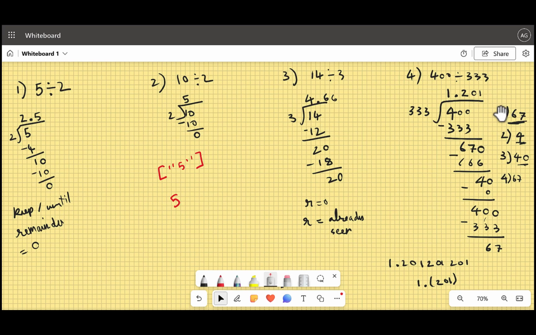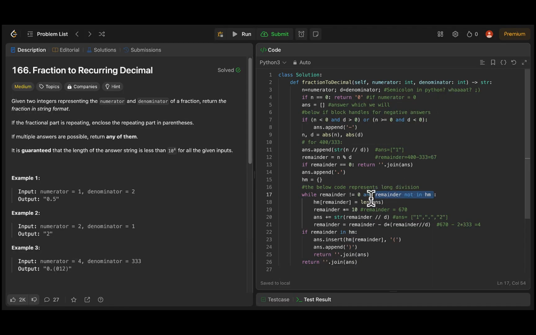If neither of these conditions is met, we need to keep running the loop. This part corresponds to adding the parenthesis at the right place. So I'm storing the location where I will be adding the parenthesis if I see a recurring remainder later on.